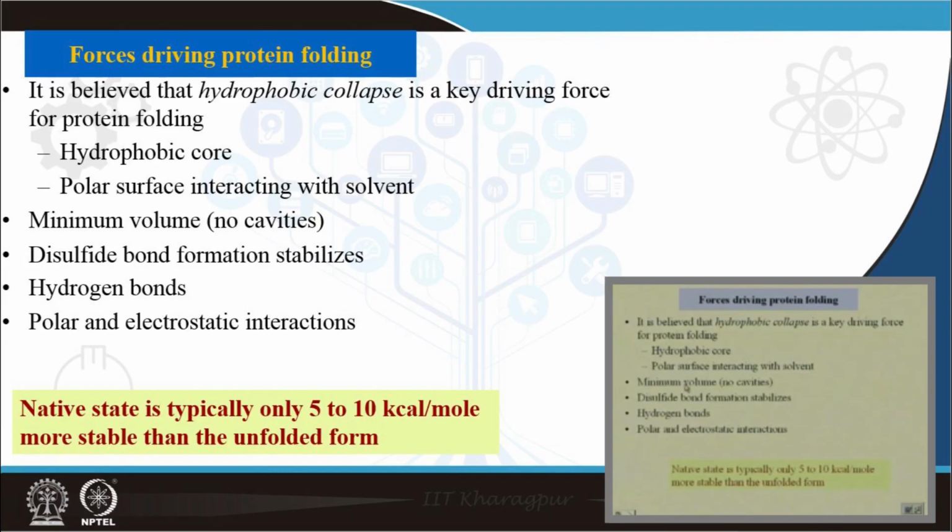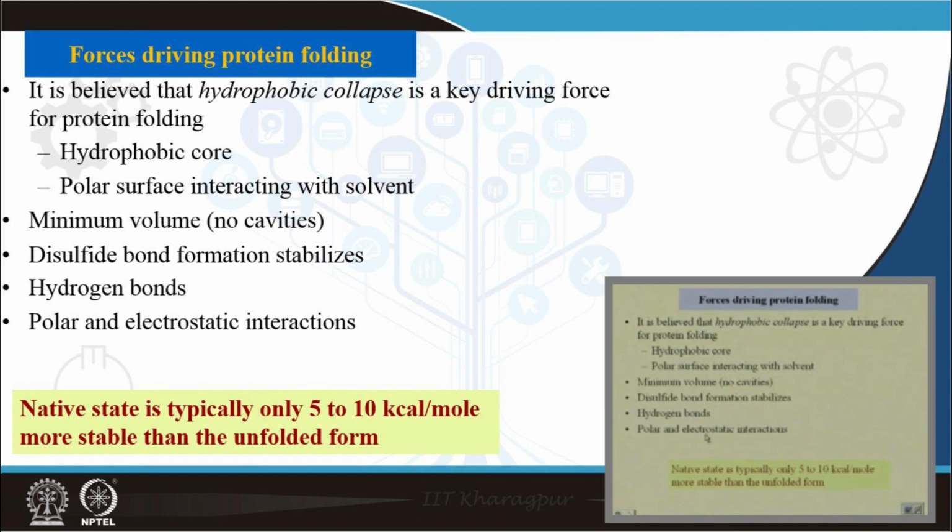What you're looking for is minimum volume, where you don't have very large cavities, because that would open up the protein. The disulfide bond formation you recognize will stabilize the protein. Why? Because it will bring different parts of the polypeptide chain close to one another. Then you have hydrogen bonds, which we studied in detail in case of alpha helices and beta sheets, which will bring different parts of the protein structure together.